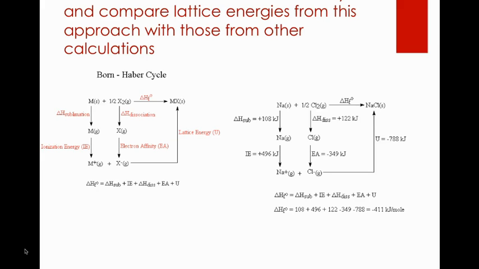You'll see the direction of the arrows. The direction of the arrows is arbitrary. Normally, going down is plus and going up is negative. Take a look at this Born-Haber cycle and pause the tape. We'll be back to you in a minute.